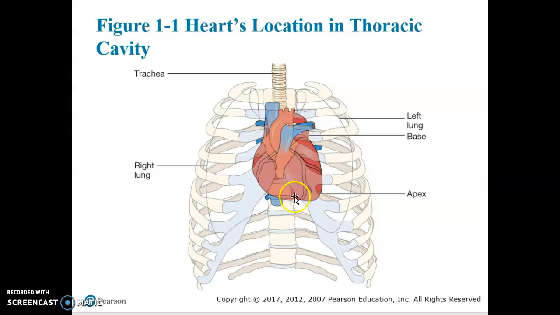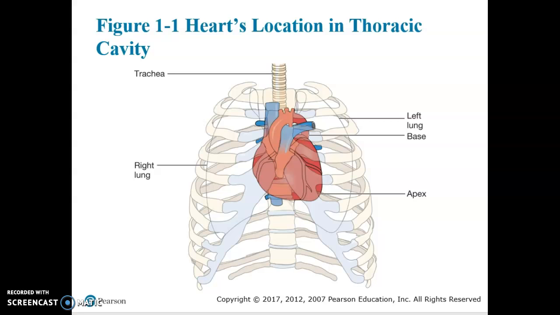The bottom pointy portion of the heart is the apex. When you think base, it should be the bottom, but it's not. The base of the heart is actually the top of the heart.